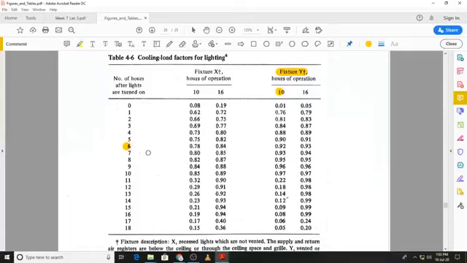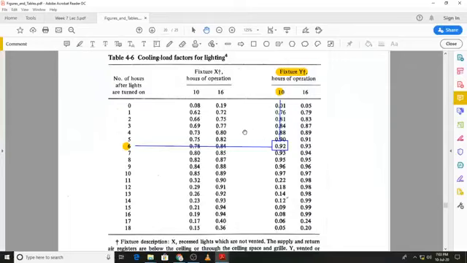So that is again marked over here, against which we will read the value of the cooling load factor for lighting, which comes out to be 0.92, and that was the value that we had used.